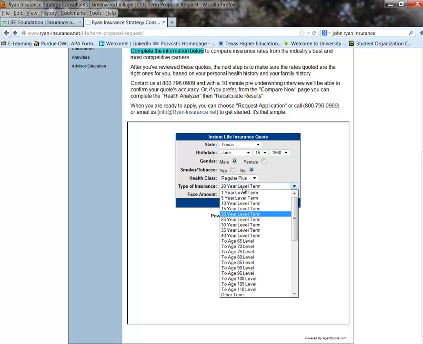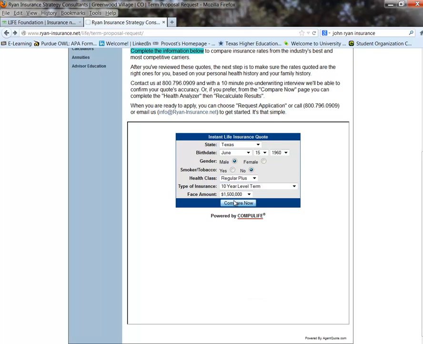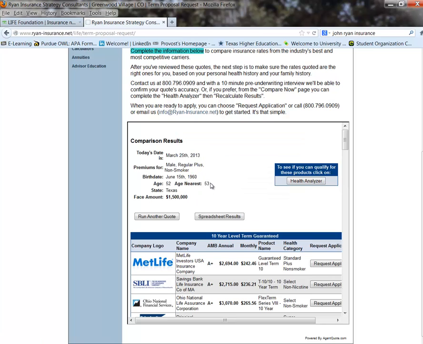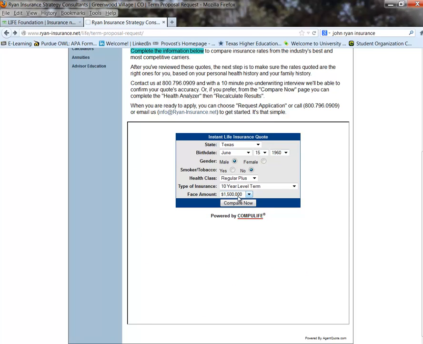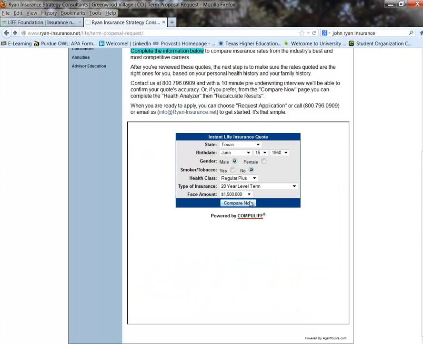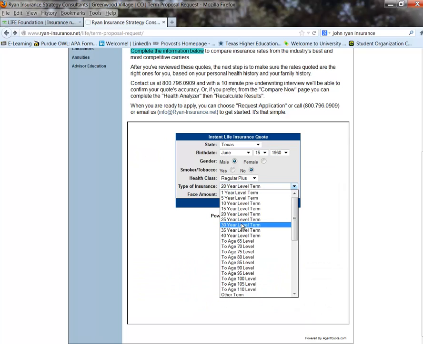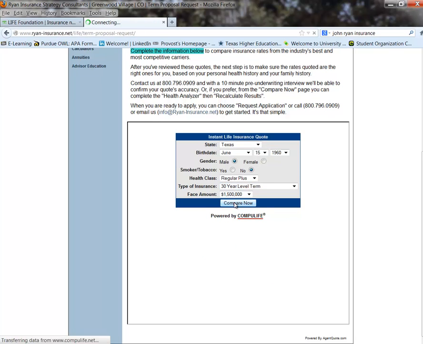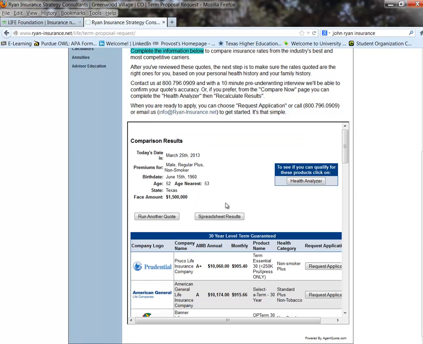Let's say if we go down to 10 years, say $2,000, okay? But if we did the 20-year, $4,900, and remember this 30-year was a $10,000 annual premium for the policy.